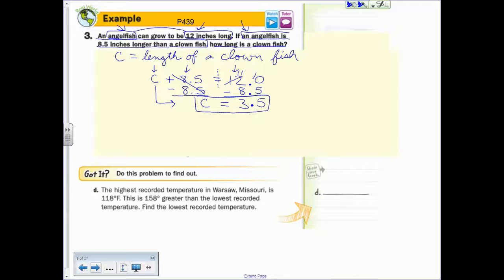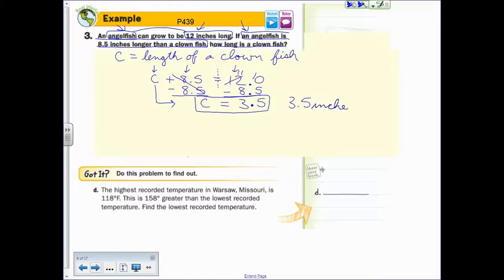But then remember that this is a word problem. So let's go back and make sure that this answers the question and makes sense. How long is a clownfish? Well, an angelfish can grow to be 12 inches long. An angelfish is 8.5 inches longer than a clownfish. So the clownfish is smaller. This says 3.5 inches.